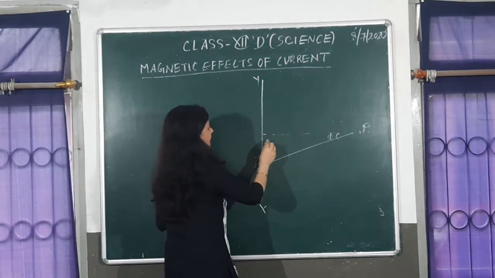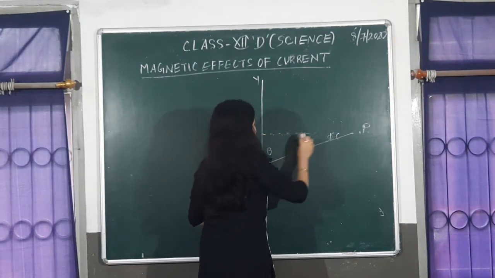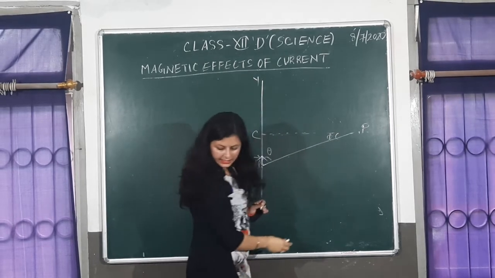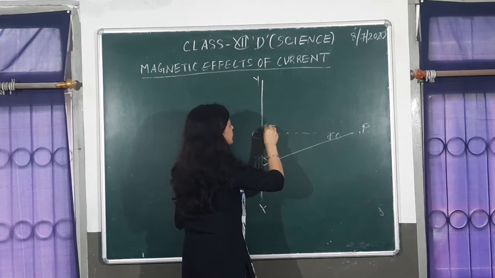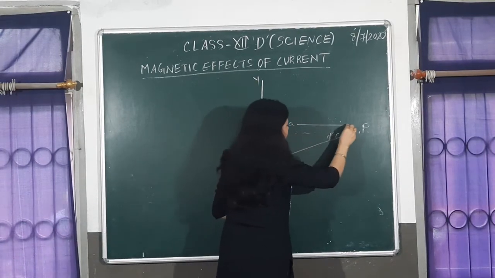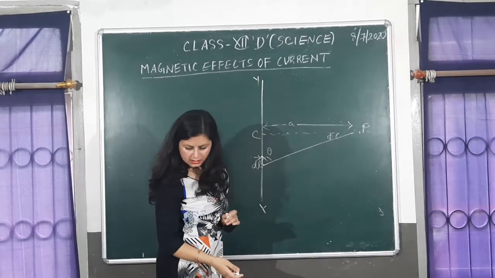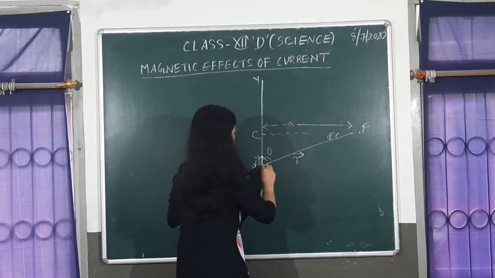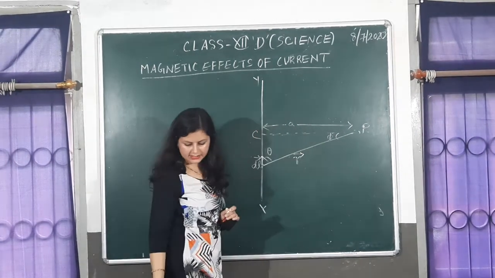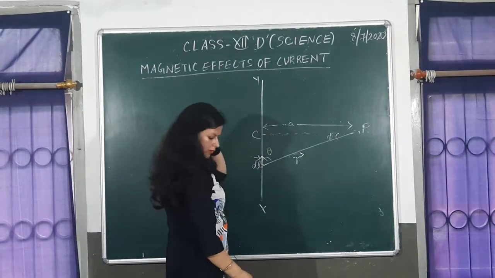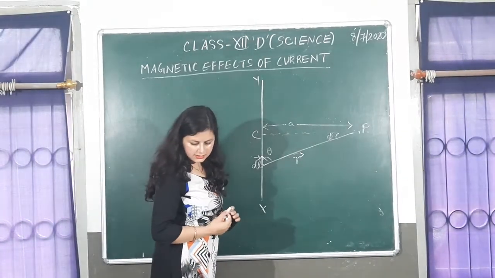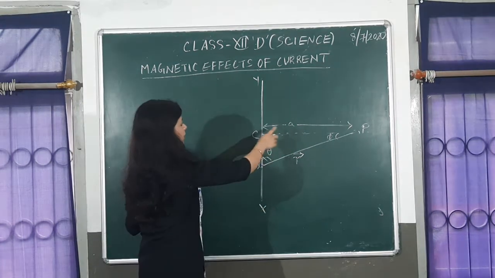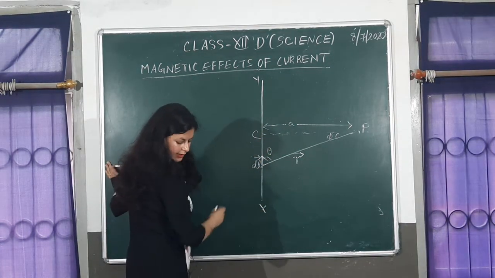Alright, and the perpendicular distance between the midpoint of the wire C till this point P is taken as a, alright, and the position vector here is r vector. Okay, let's start to find out the magnetic field induction at the point P due to this wire XY.